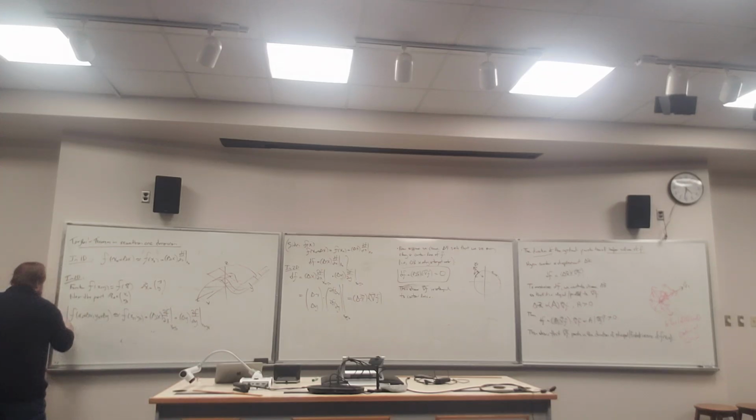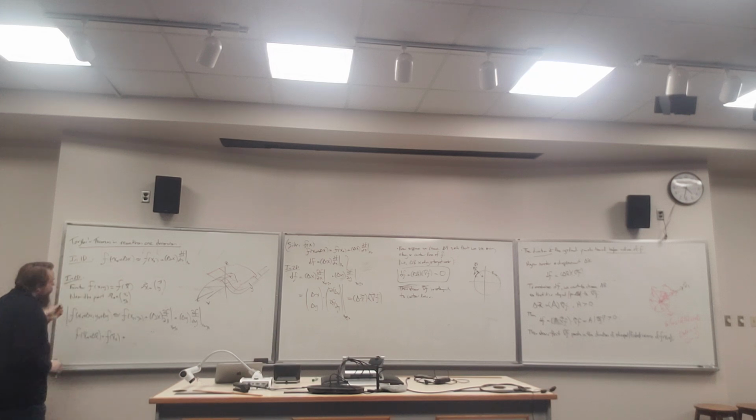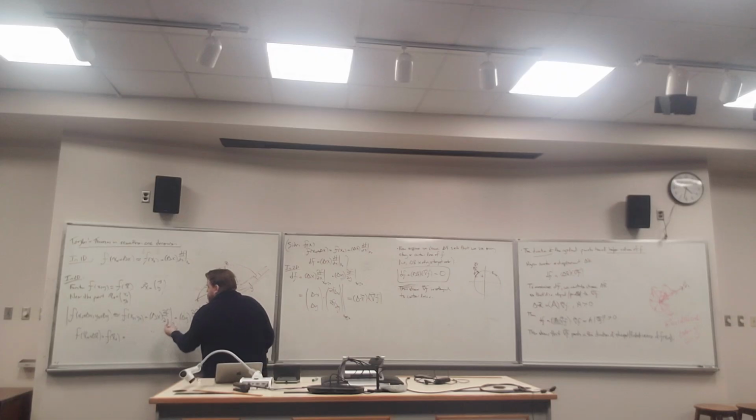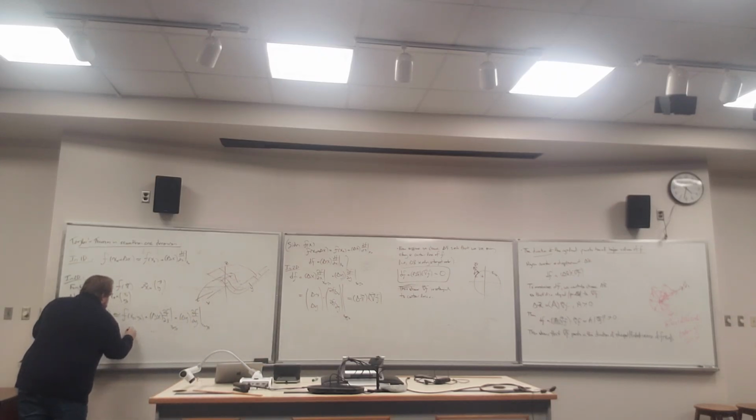This is our Taylor formula in 2 dimensions, and we can rewrite it using vector notation as f of x naught plus delta x vector equals f of x naught plus, and then we group delta x and delta y into the vector delta x, delta y.